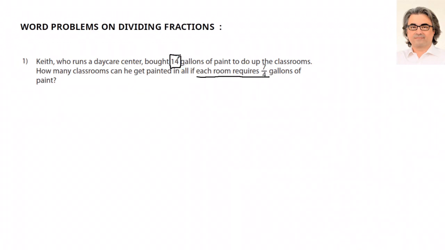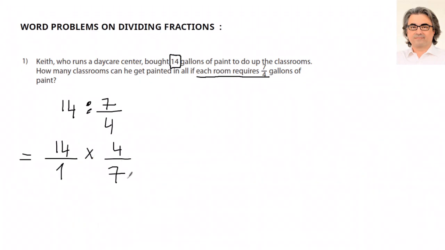It will be equal to the number of classrooms. So 14 should be divided with 7 over 4. It means 14 over 1 times 4 over 7. Any simplification? Yes, between 14 and 7. If you divide 14 with 7, you will get 2.